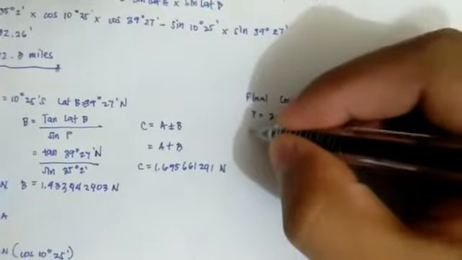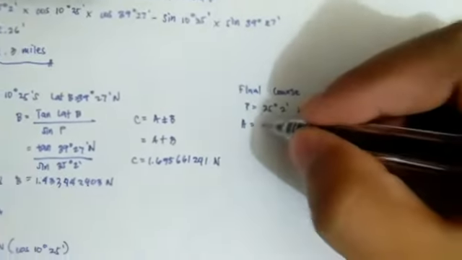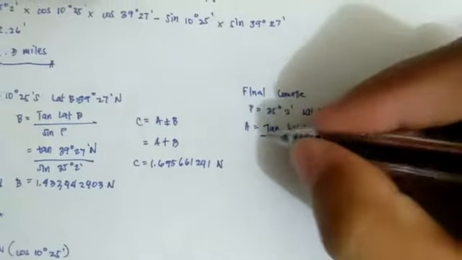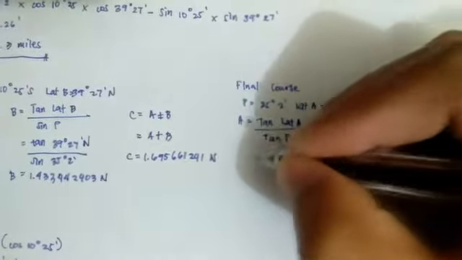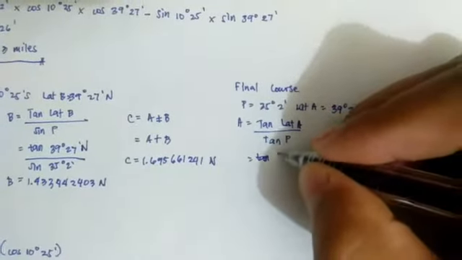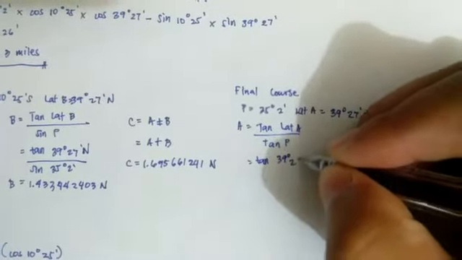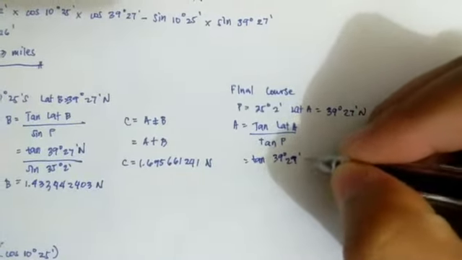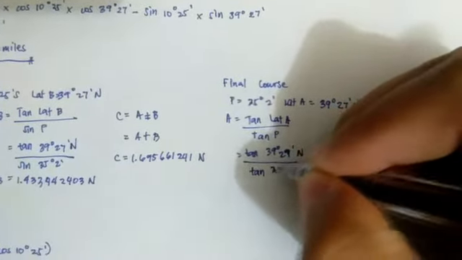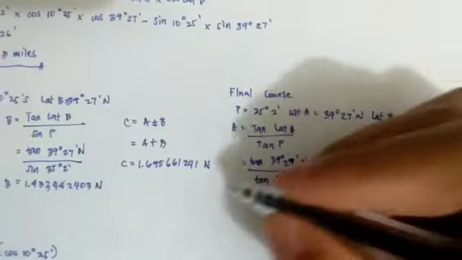So again, we will need to find our A, B, and C. For A, we need to use the same formula, tan latitude A over tan P, which is tan 39 degrees and 27 minutes north over tan 35 degrees and 2 minutes.